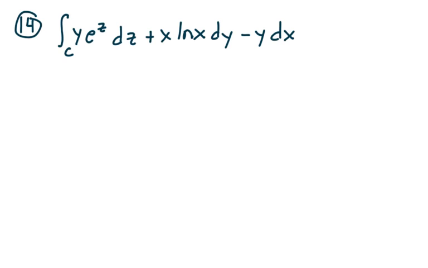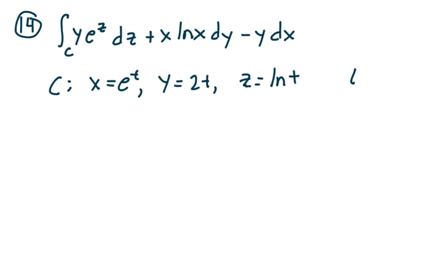And c is described by the following parametric equations. We have x equals e to the t, y equals 2t, and z equals natural log of t. And t is less than or equal to 2 and greater than or equal to 1.